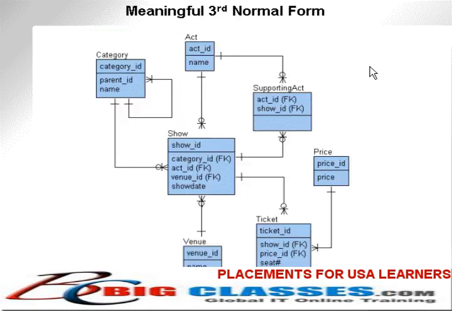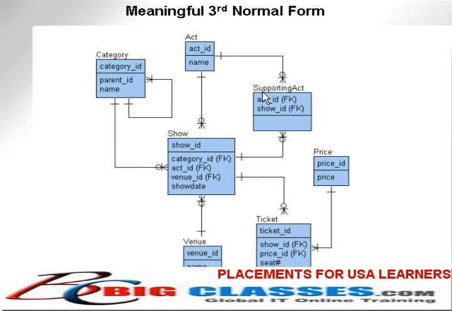Meaningful third normal form. What do I mean by meaningful third normal form? Take this example. I have a database or a table structure which represents, for instance, pop concerts or pop acts doing many shows at many venues all over the country. They have supporting acts. Quite often, not always, but quite often.